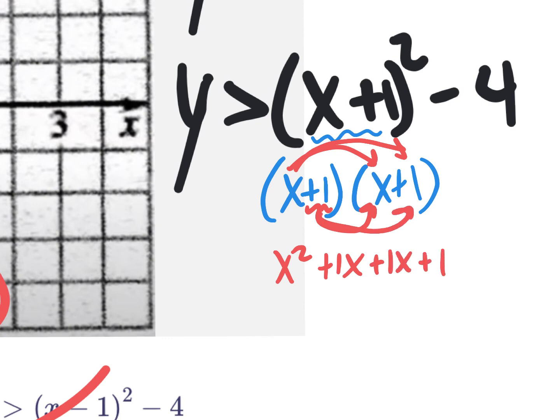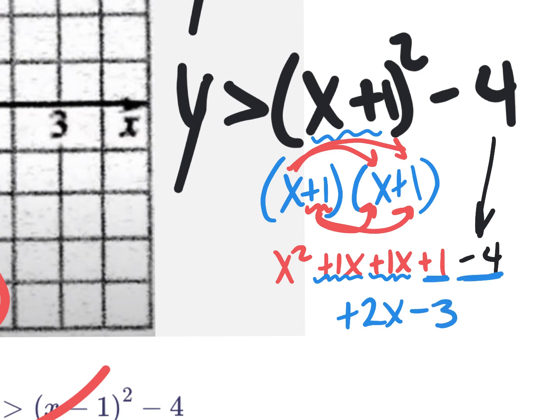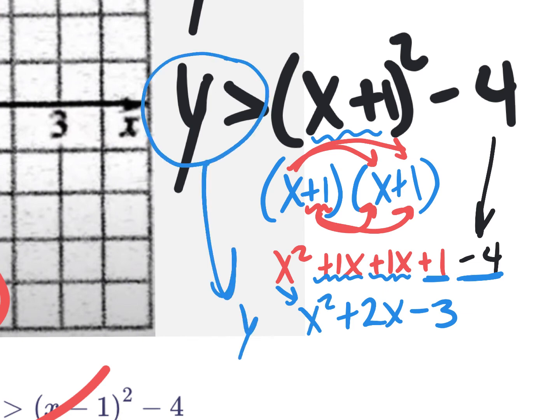Let's not forget about the -4 that's at the end. So we have distributed, which is really multiplying. Now we could combine like terms. We could combine that positive 1x with another positive 1x. That'll be a positive 2x. We could also combine the 1, take away 4. That'll be a -3. And we could also bring down the x squared. And what we have here is y is greater than x squared plus 2x minus 3.